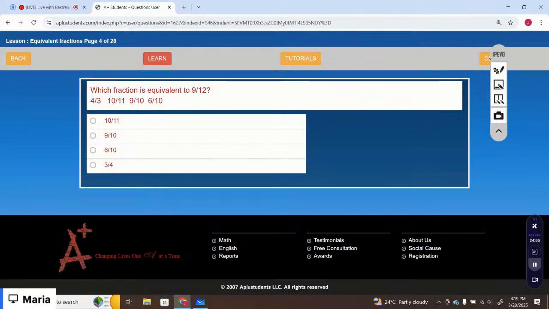Nine over 12 is equivalent to 3 over 4. The last option is the correct option.